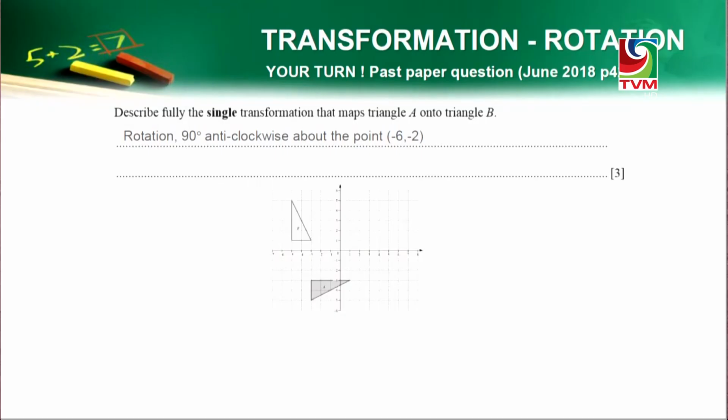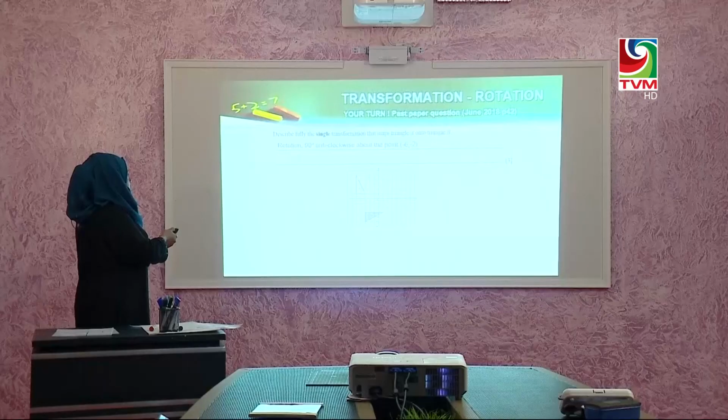This is how you are going to write your answer. First you have to state which type of transformation it is. Here it's rotation. So if it is rotation, you have to write how much it has rotated, that is the angle, and which direction it has rotated.